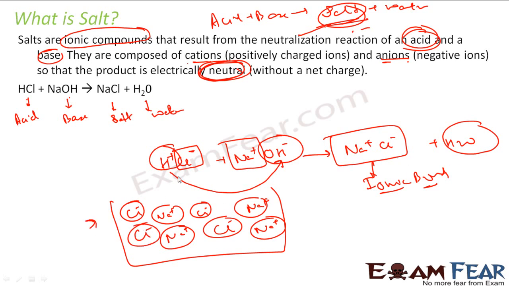We'll explain this part later, but what I'm trying to say is HCl has excess hydrogen as the acid, so it will give it, and NaOH will accept that H plus ion. So OH minus and H plus will give you water, and sodium and chlorine will be there, and since they form an ionic bond, they're all stable. This is a reaction, and salt is something which is formed from the neutralization reaction of acid and base.